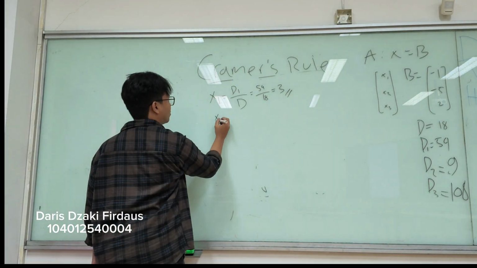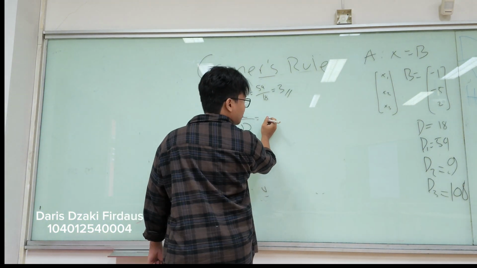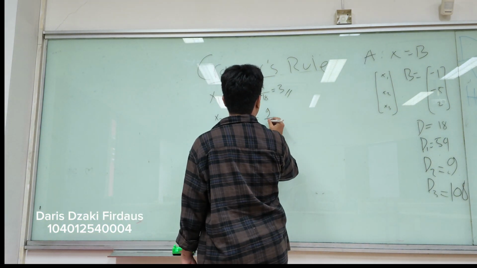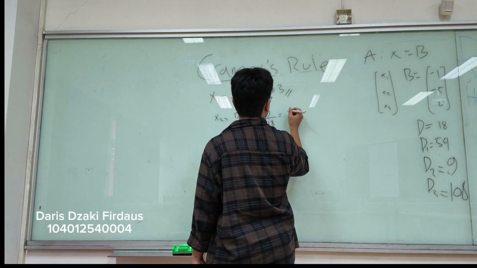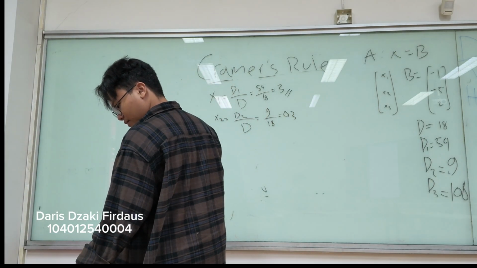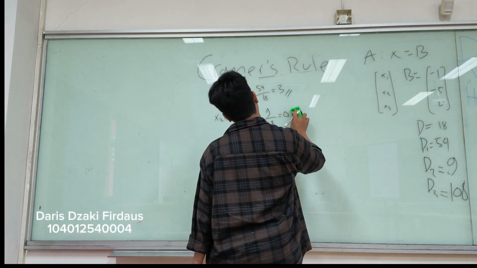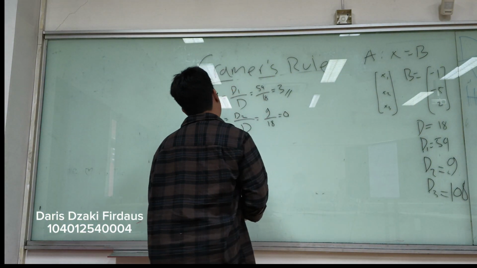And then x2, D2 over D. We have 9 over 18. Then we have 0.3. Oh no, sorry, 0.5.